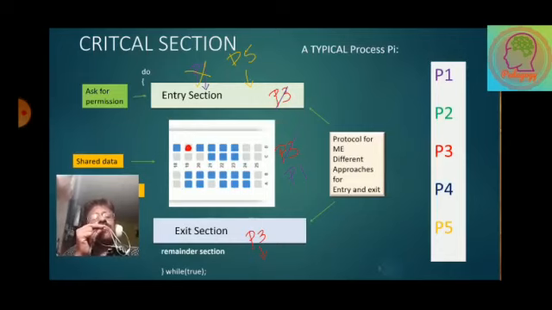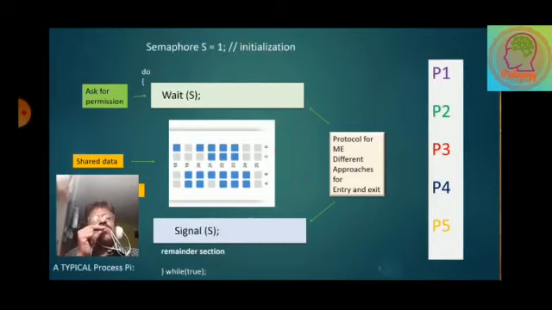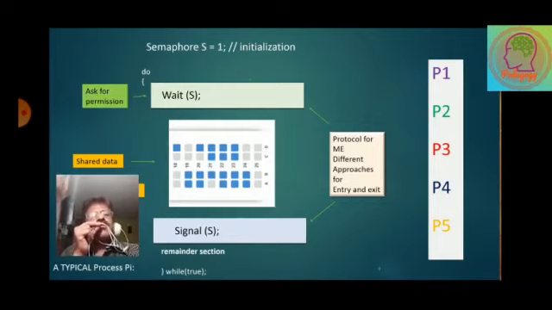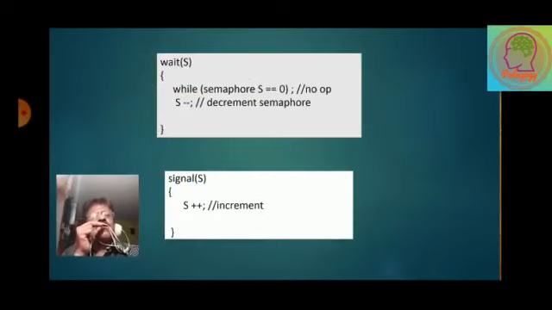So to solve this critical section problem, we use Peterson's algorithm and Semaphore. We are discussing Semaphore here, and next we will discuss Peterson's algorithm. In Semaphore, there is a variable S and there are two functions, wait and signal. While Semaphore S equals 0, that means there is no operation.